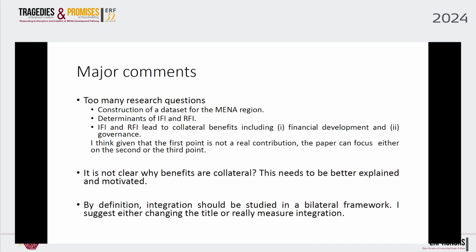So I don't think that given that each of them is a very rich question, it would be good to keep them just in one paper, but better to focus this paper on the determinants, and then keep the other research questions in another paper. So that's a very general comment.